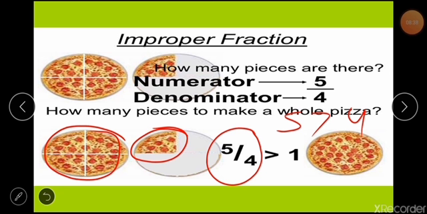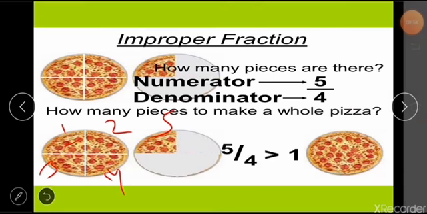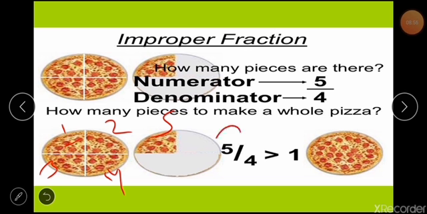I am taking 4 slices of pizza, 1, 2, 3 and 4, and 1 more slice, that is 5. So I am representing 5 upon 4 and it is greater than 1. So it is an improper fraction.